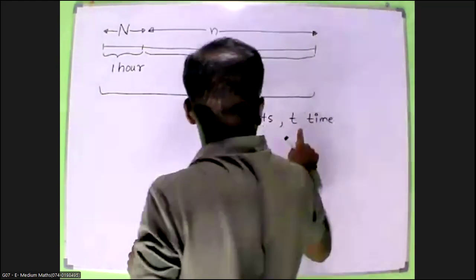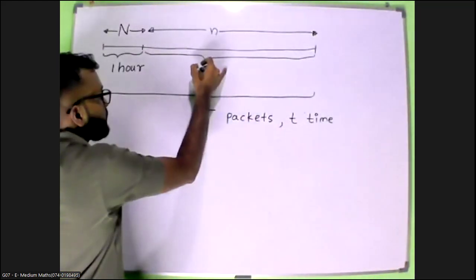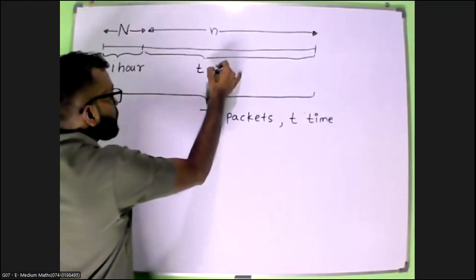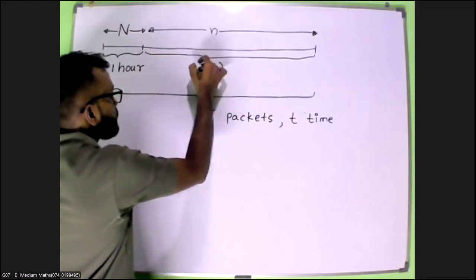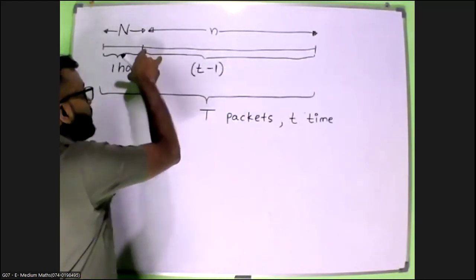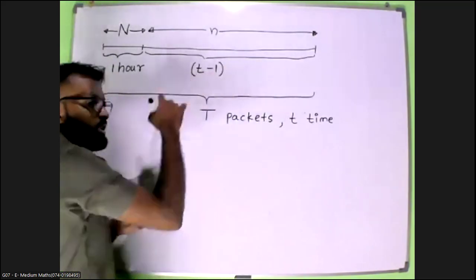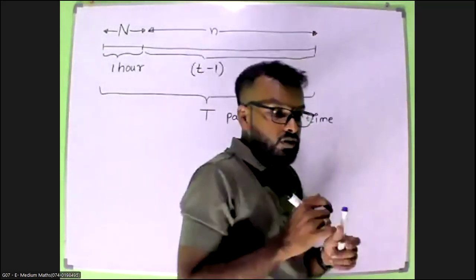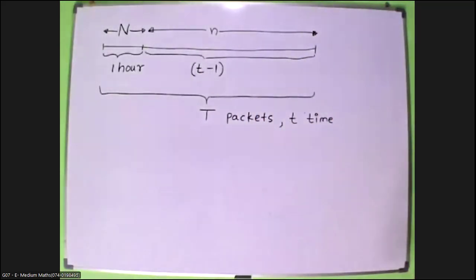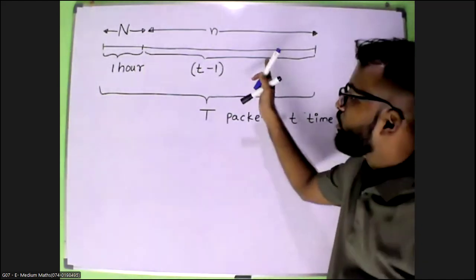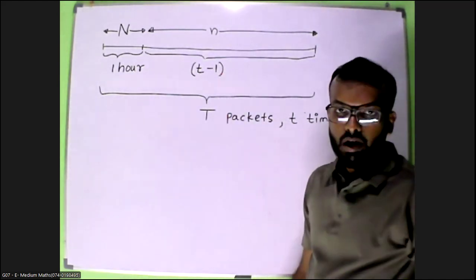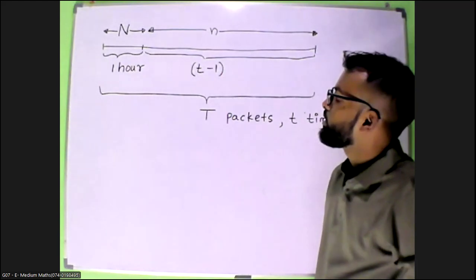Total time is t, that means t minus 1. So from here to here, your time is t minus 1. That is why I always tell you that you need to draw something.